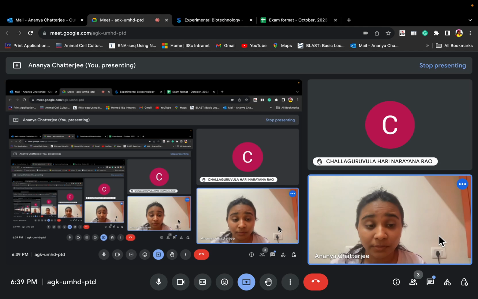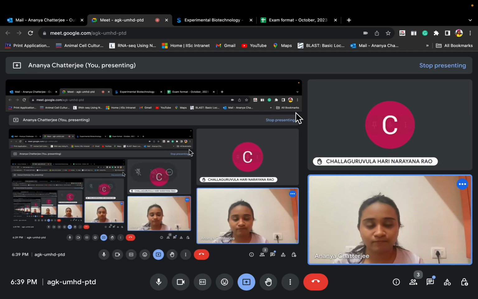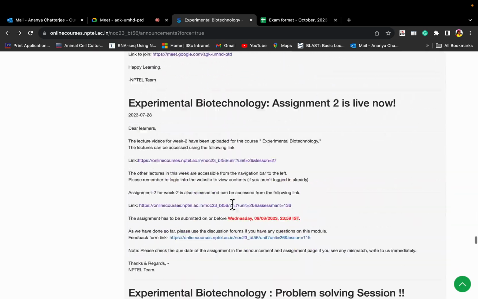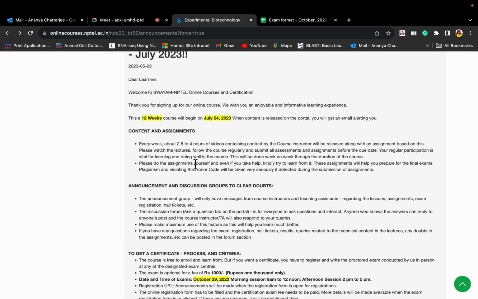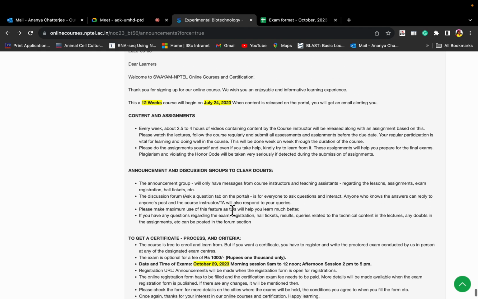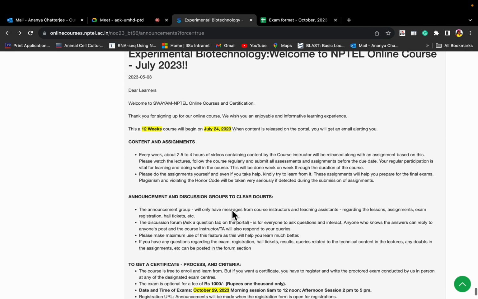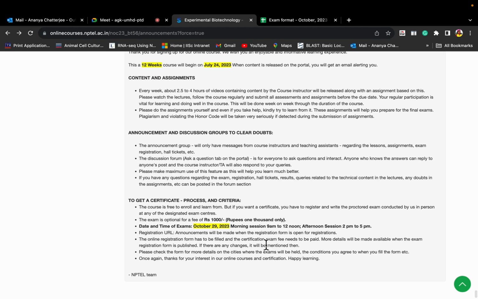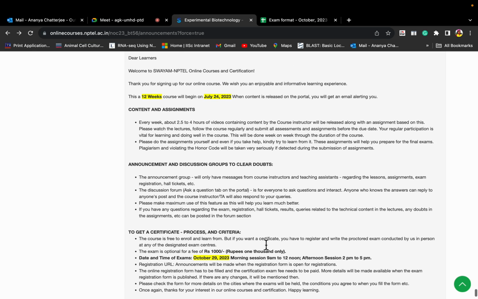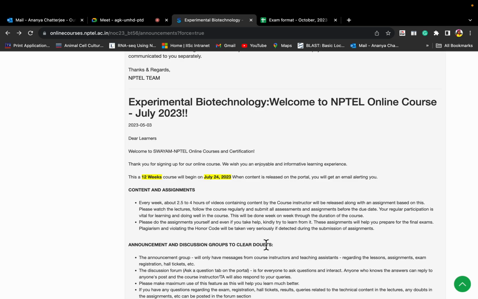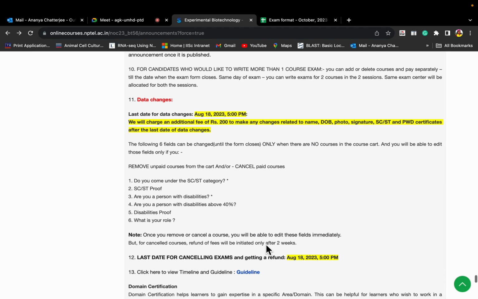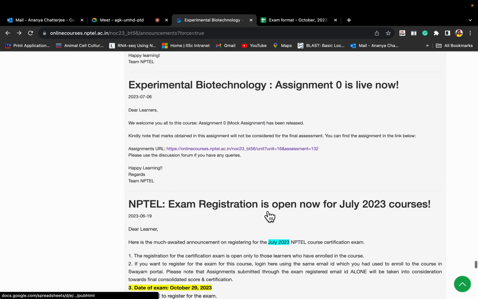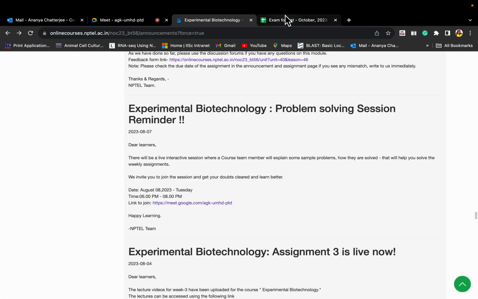Around 30% will be from the assignments and 70% from your main exam. So it's around 30/70 or 25/75, that kind of format.